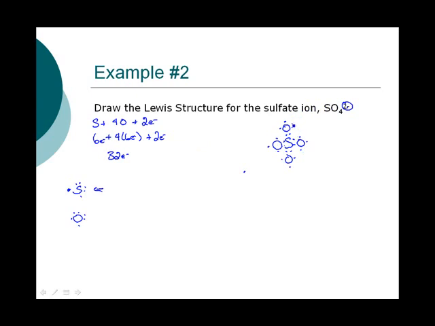I needed a total of 24, so I'm going to have 12 more. And what that means is each of our oxygens is going to have a full set. So there we go. Every atom in this molecule has 8 electrons in its valence shell.